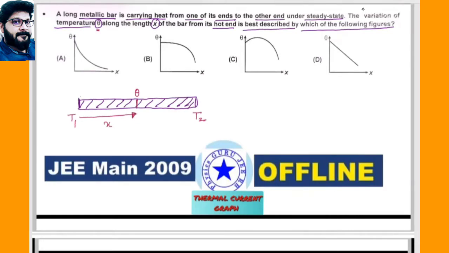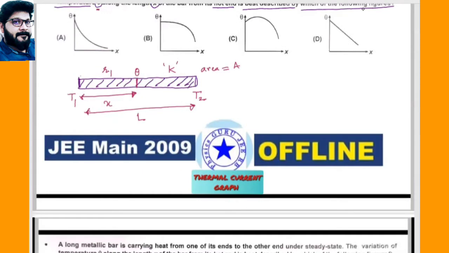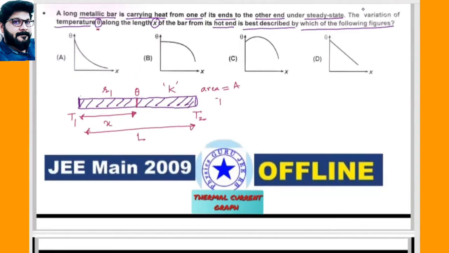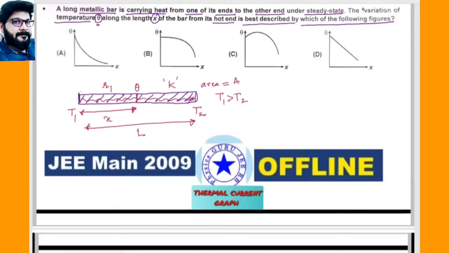Now let me consider R1 is the thermal resistance, K is the coefficient of thermal conductivity, the area of cross section equals A, and the total length of the rod is given as L. So this is the given data. As T1 is greater than T2, the thermal current will flow from T1 to T2.